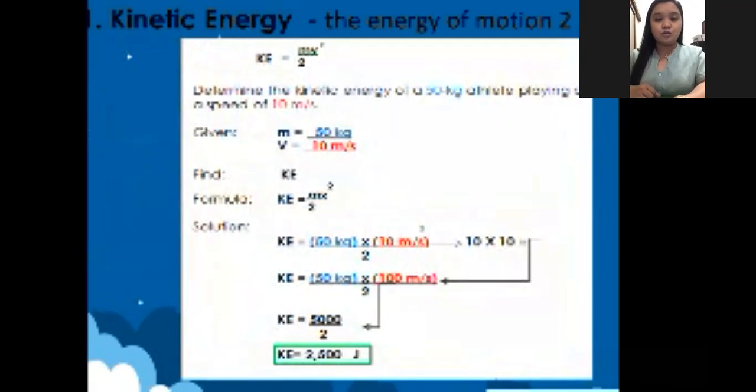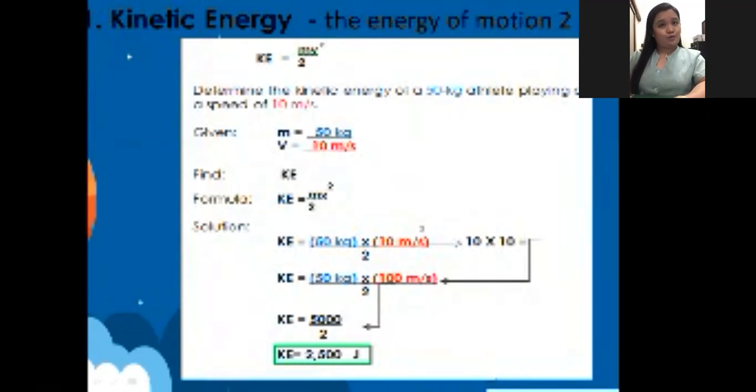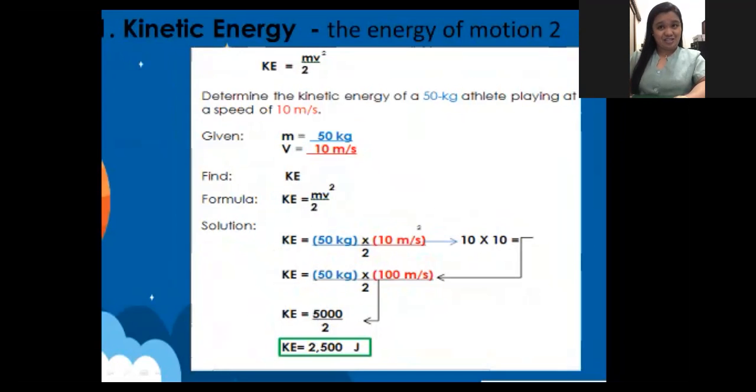The 2 types of energy are, first, kinetic energy, the energy of motion. I know that you encountered this before during elementary, so we're just reviewing it and we're going to focus on how you're going to solve kinetic energy. Is it clear?